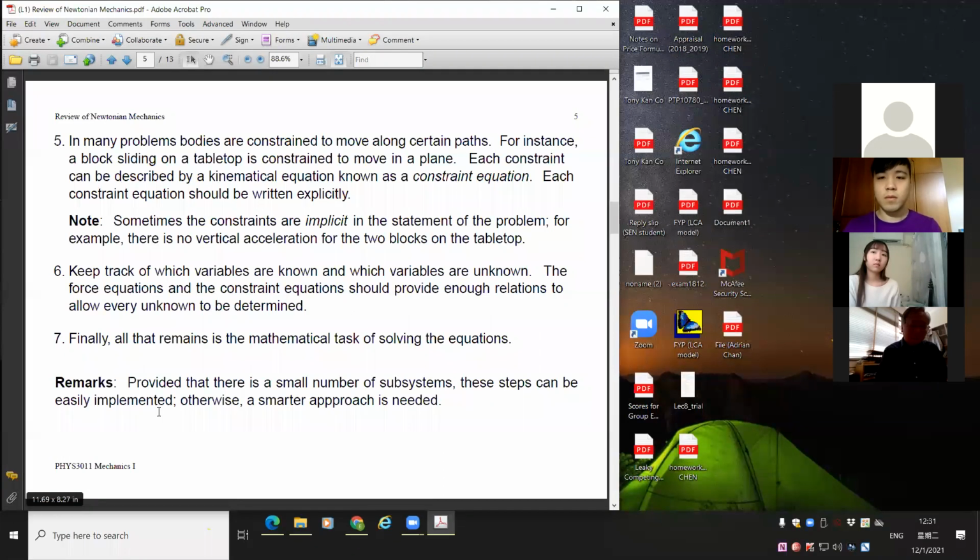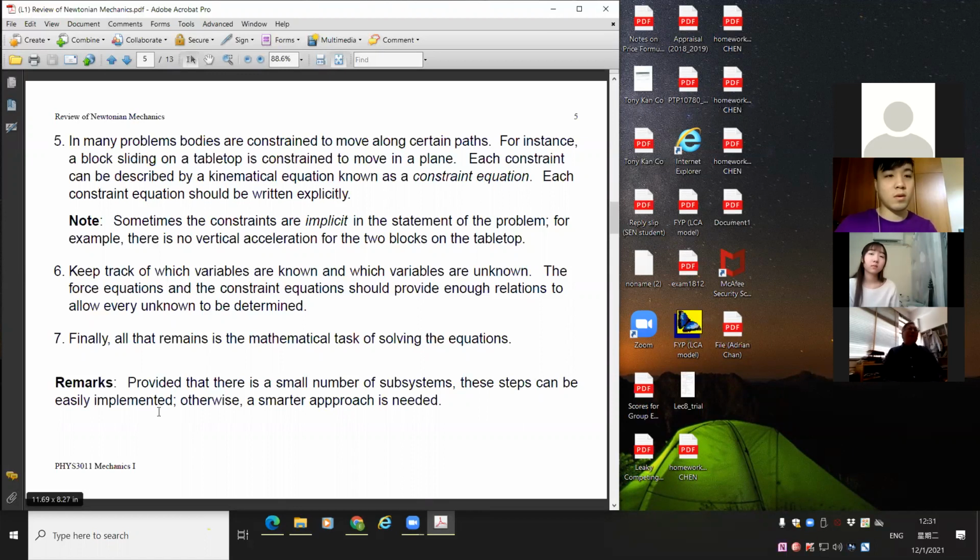This is one equation. And if a particle is confined to move in a wire inside a circular tube, then this is also a constraint motion. So you have to specify this. The radius of the circular motion will not be changed.